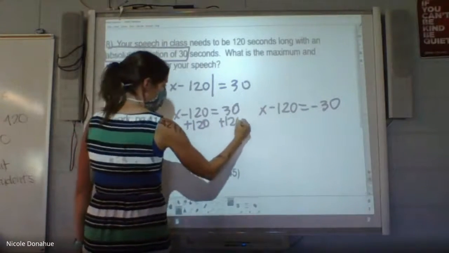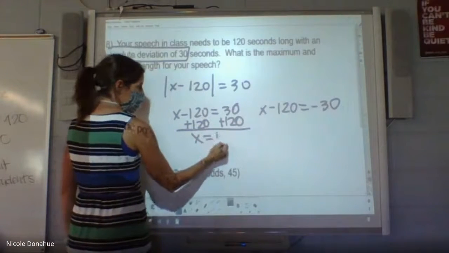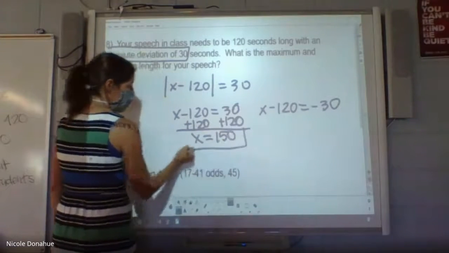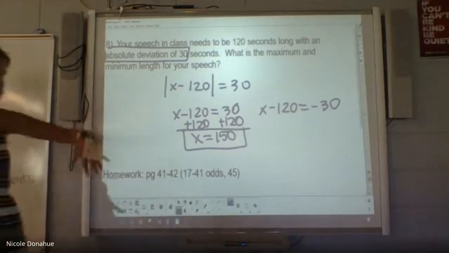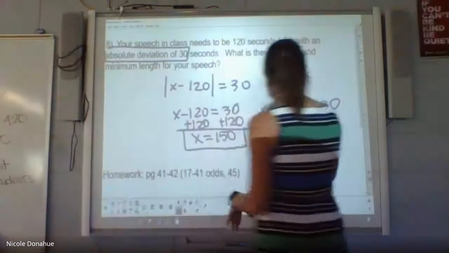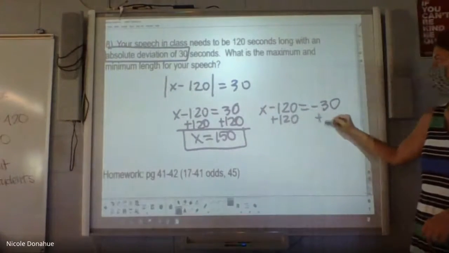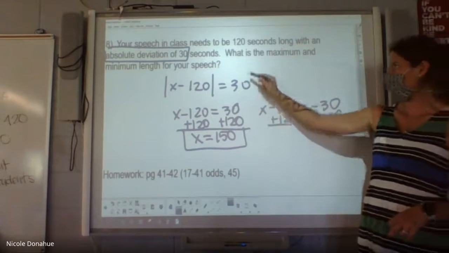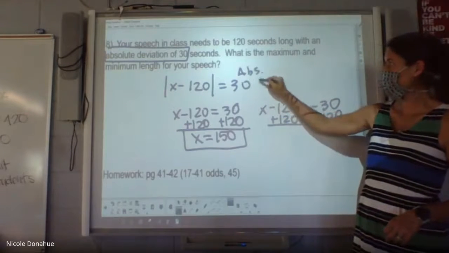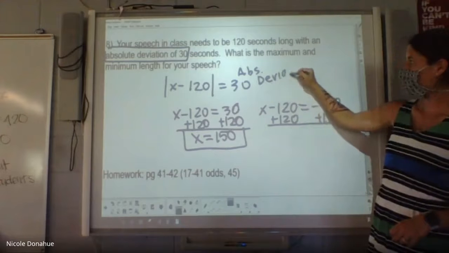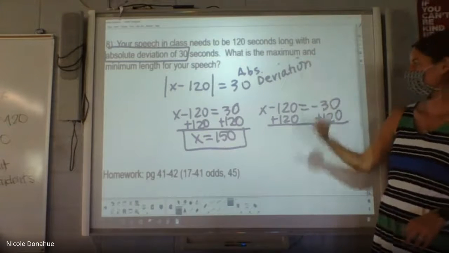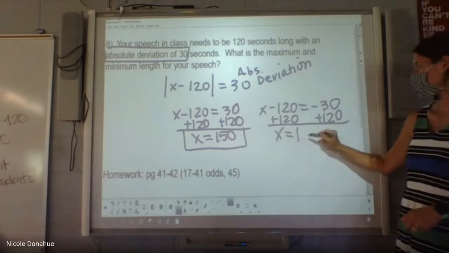So at most, it could be 150. At least, it could be 90. So if they use those words, absolute deviation, they're talking about the value on the other side of the absolute value. So that's what I got mixed up.